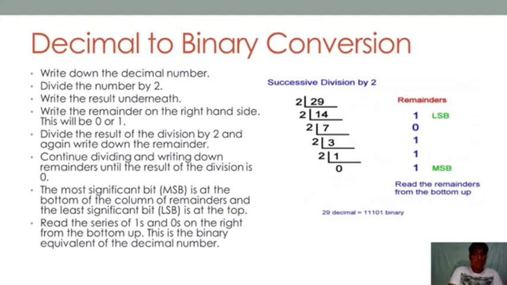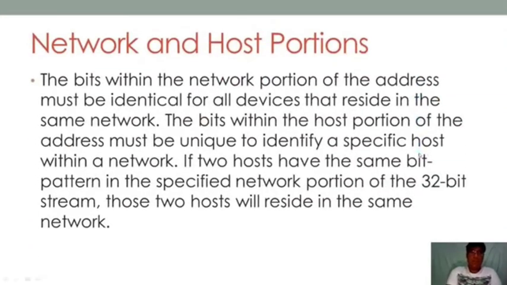Continue dividing and writing down the remainders until the result of the division is 0. The most significant bit, MSB, is at the bottom of the column of remainders. So these are examples of the successive division by 2, and these will be the remainders, MSB and LSB.